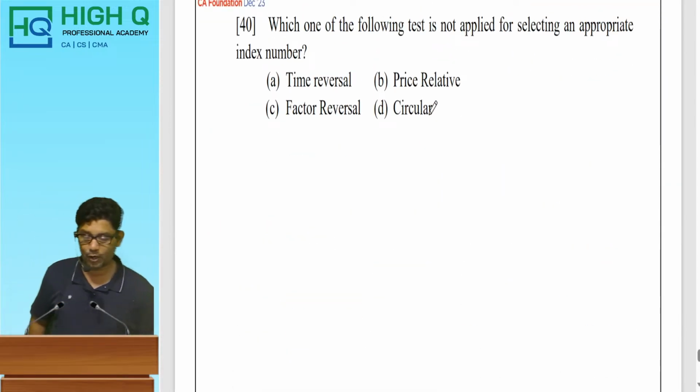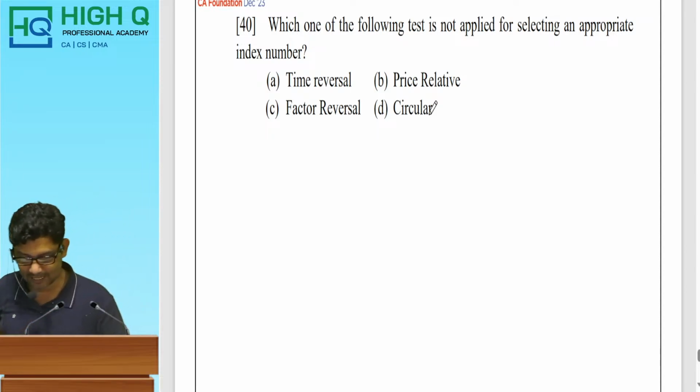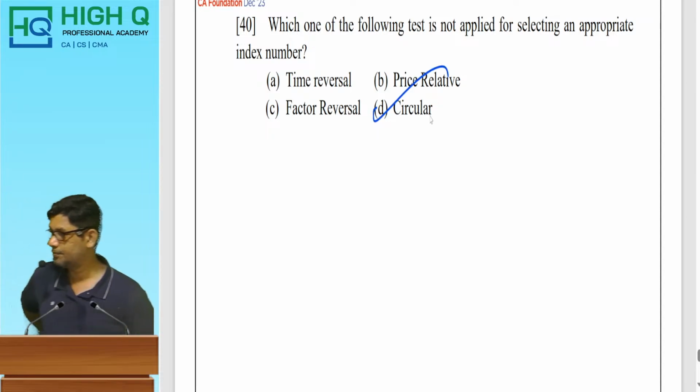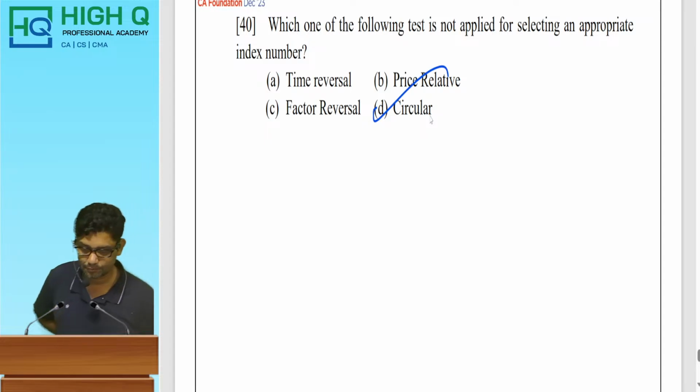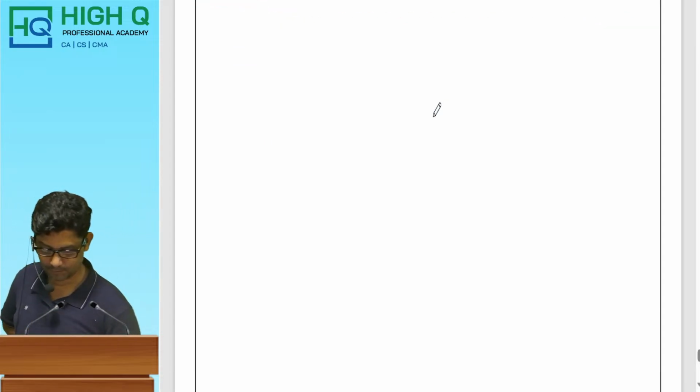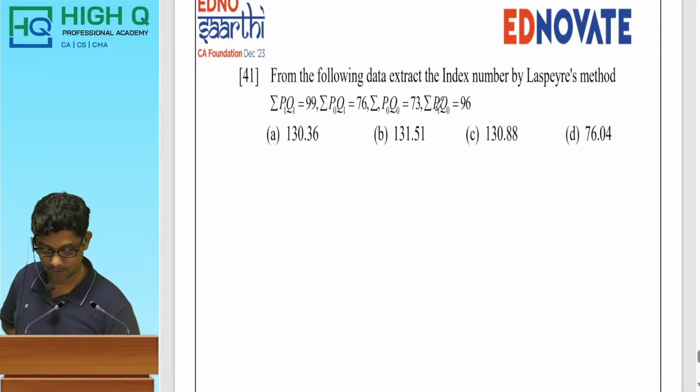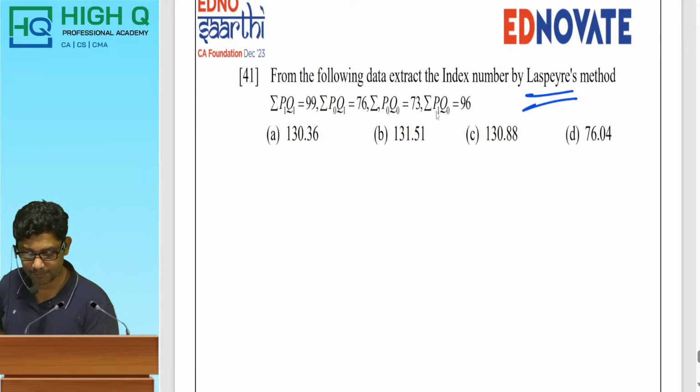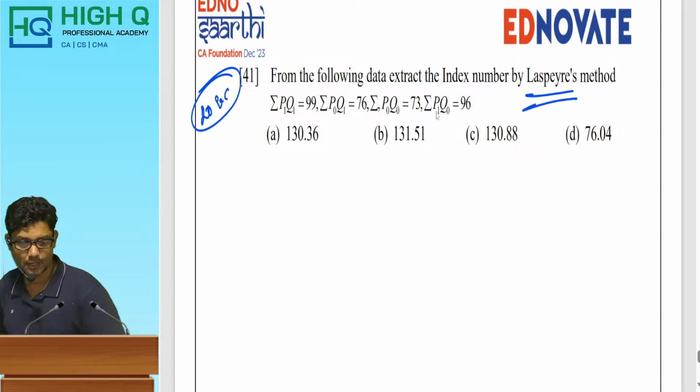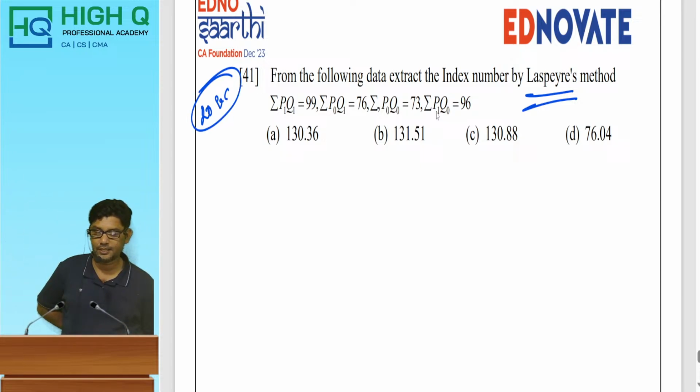Which one of the following tests is not applied for selecting an appropriate index number? Circular. Yeah. Shh. 20 seconds.